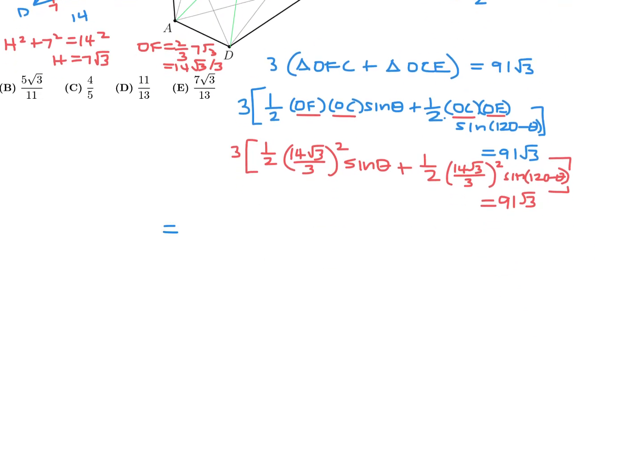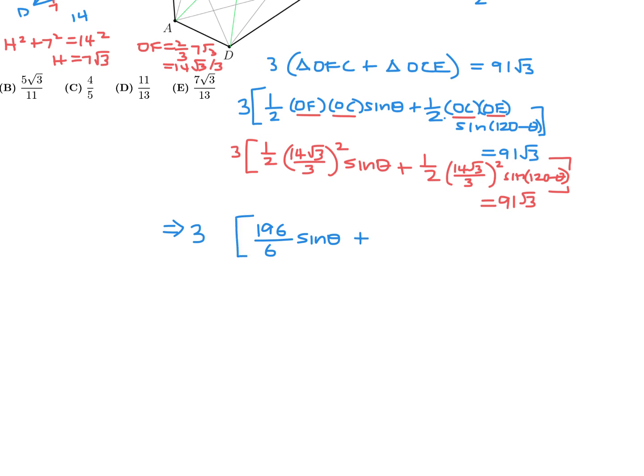So now let's do this math. So we got 3 is equal to, oh boy, I got to crunch out these numbers. 3 times 196 over 9. It's 196 over 6 sine theta.